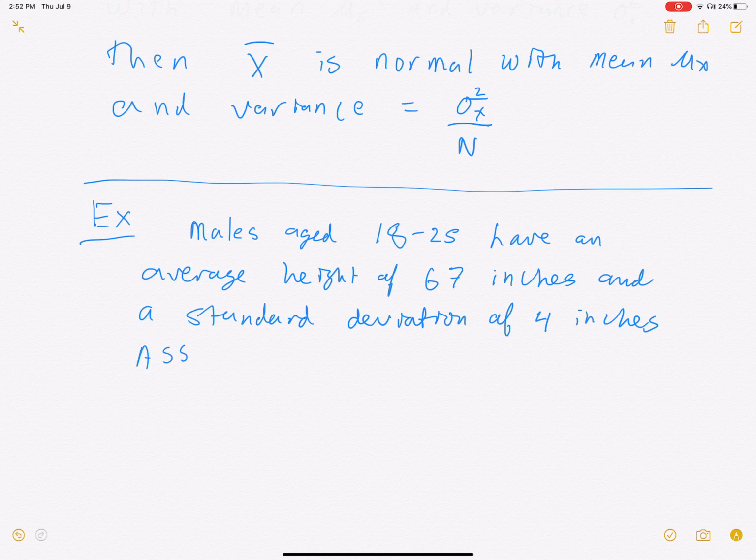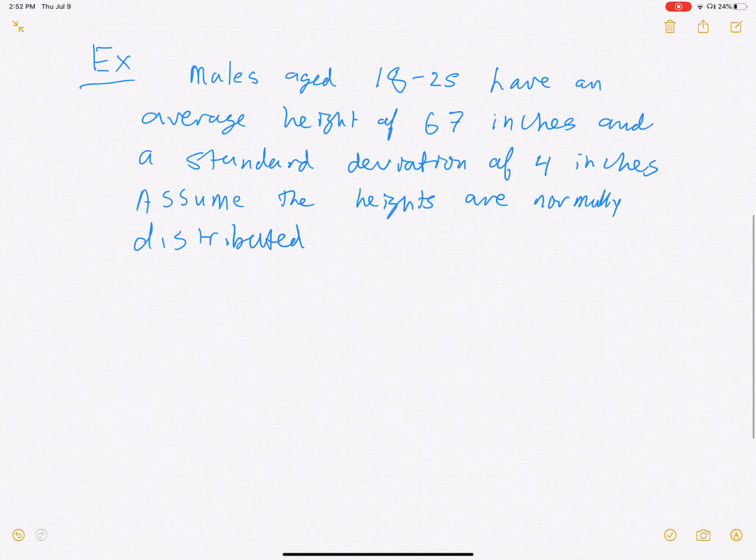Assume the heights are normally distributed. And we have two tasks.